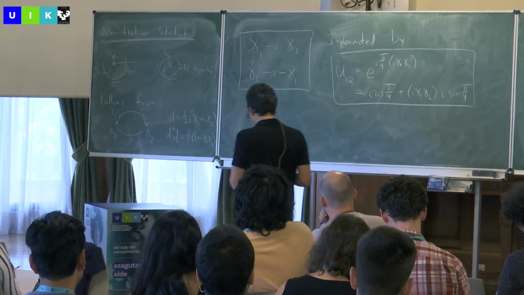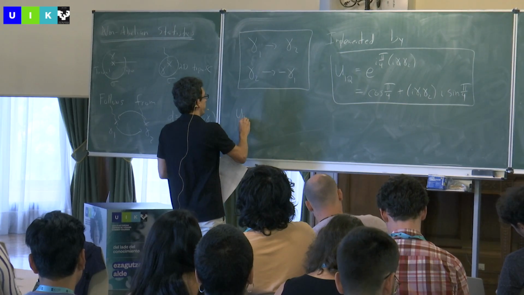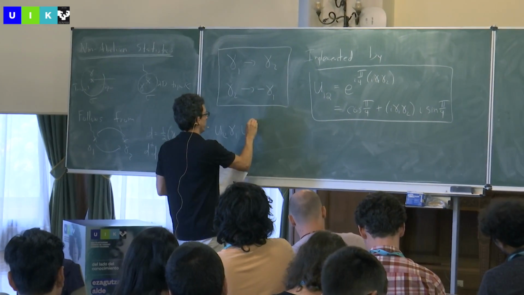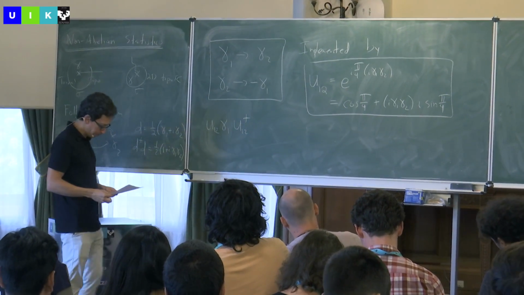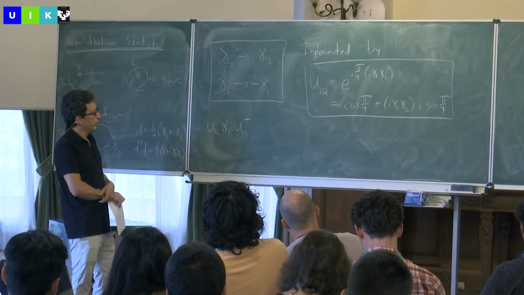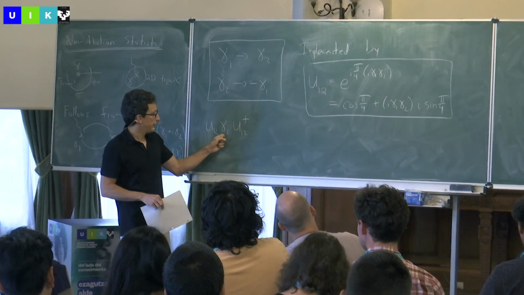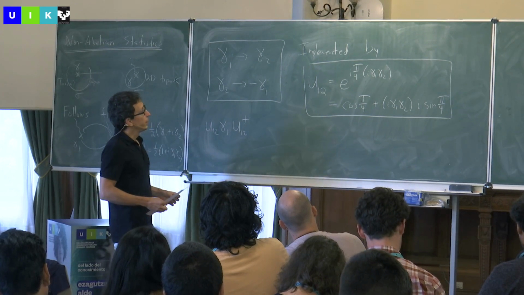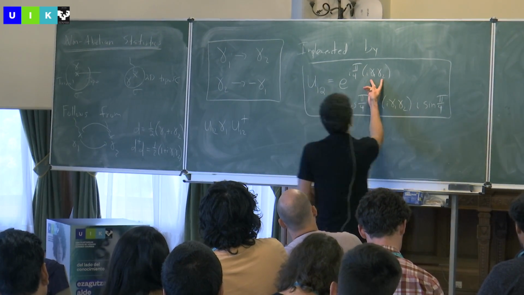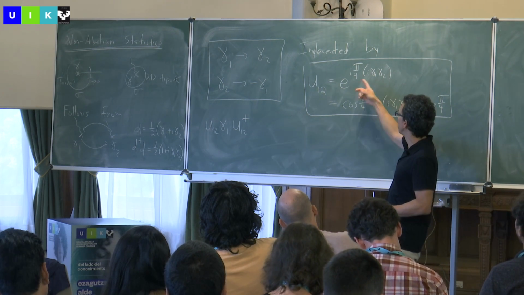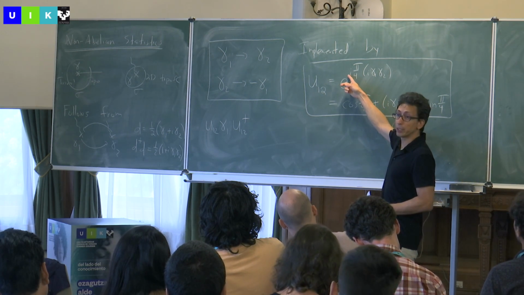Okay, so let's check. So let's start by conjugating gamma 1 by U12. I think the most efficient way to do this is to observe that if I take gamma 1 past U12 dagger, gamma 1 anti-commutes with i gamma 1 gamma 2, and so it's just going to change the overall sign in front.